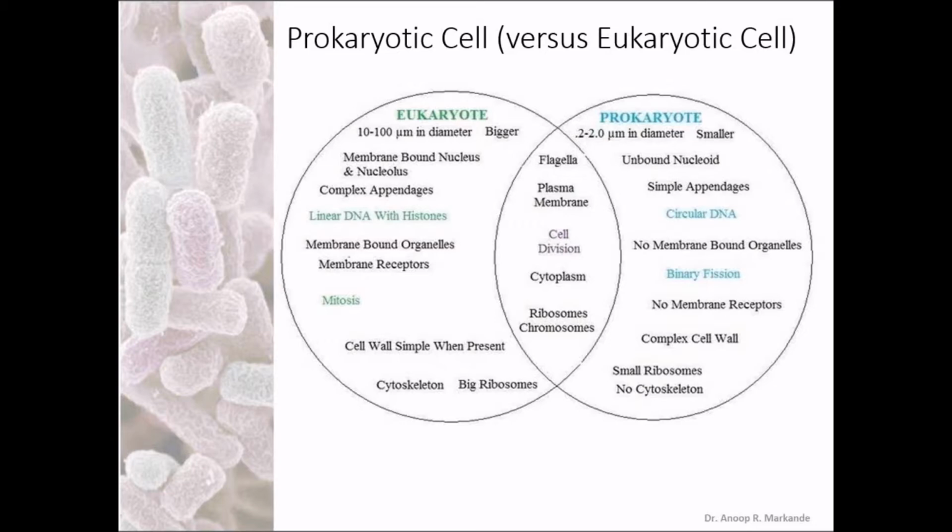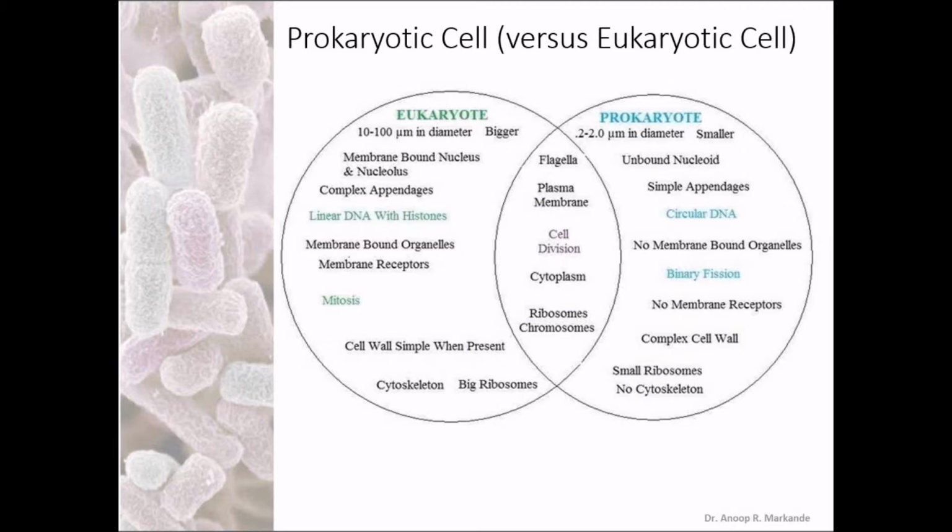When we see this Venn diagram, we can see that there are many things common to both cells, like flagella, plasma membrane, cytoplasm, ribosomes, and DNA in the nucleoid or chromosomal apparatus. Also cell division, whether it is binary fission or mitosis, some kind of cell division is seen in prokaryotes and eukaryotes.